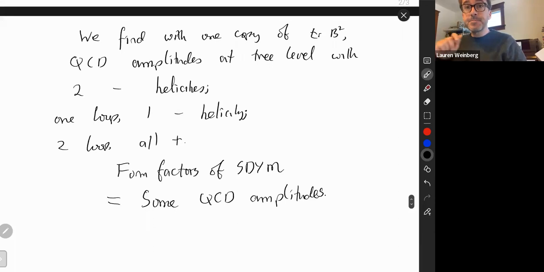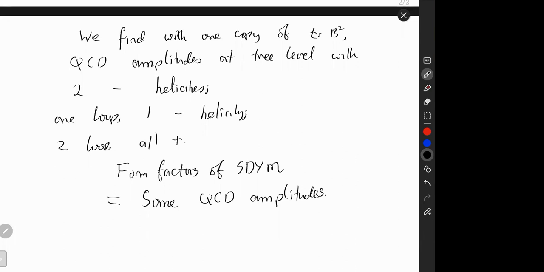Okay. Any questions? I have a question. In order to get back QCD, shouldn't you be summing over all the possible insertions of trace B squared?